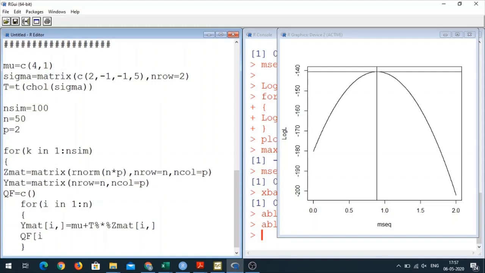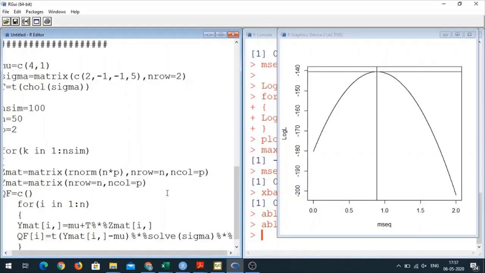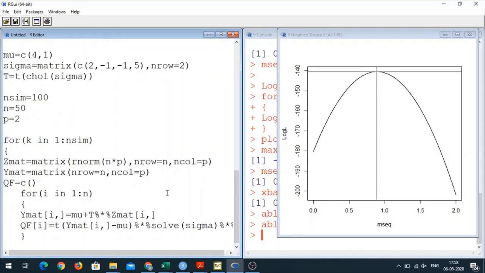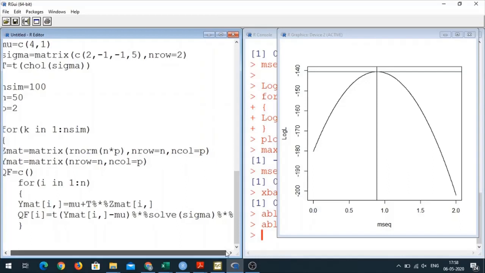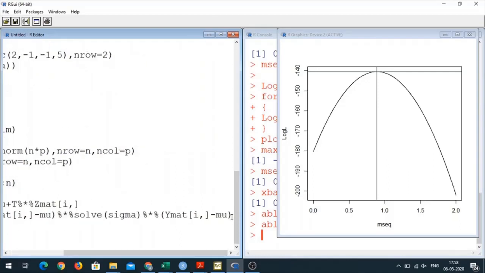QF at i would be x minus mu prime sigma inverse x minus mu.